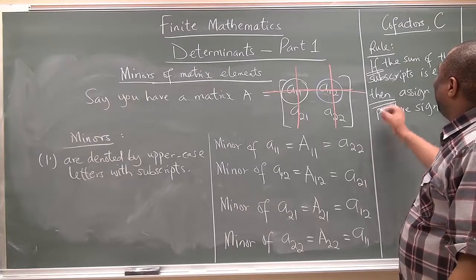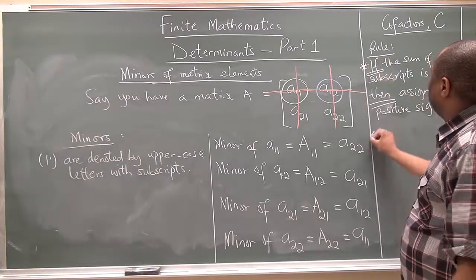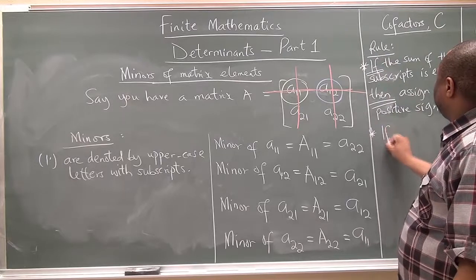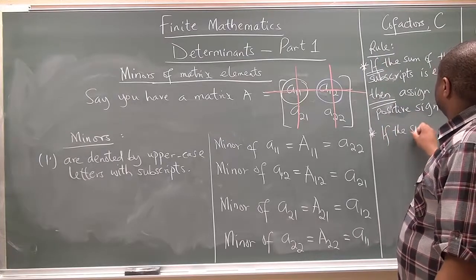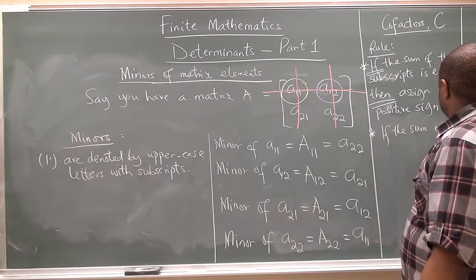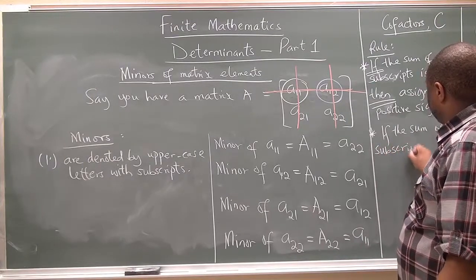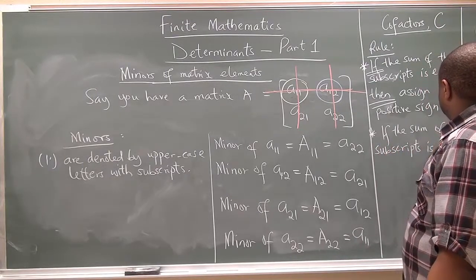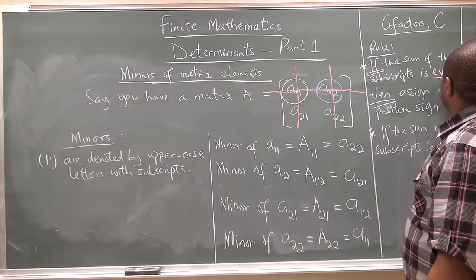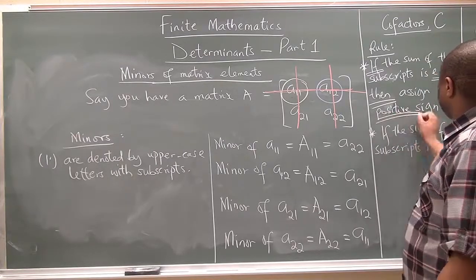Then another one, I'll just do it with an asterisk. Then if the sum of the subscripts is odd, this is for even, assign a positive sign.